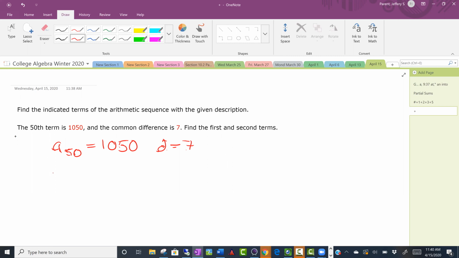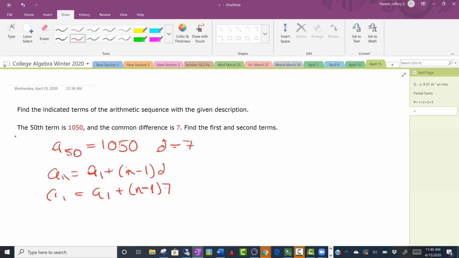All right, so let's keep in mind the general term for an arithmetic sequence is a sub n equals a sub 1 plus n minus 1 times d. And well, we know what d is, right? So it's really a sub 1 plus n minus 1 times 7.